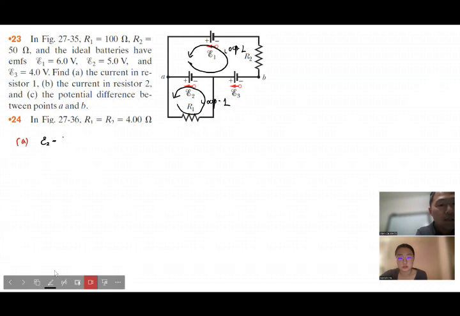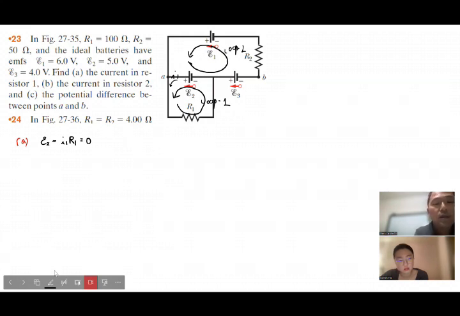So that should be E2 minus I1 times R1 should be equal to 0. Now if you look at the current path from the E2, the current flows in the same direction, that is I1, with the orientation of loop 1.